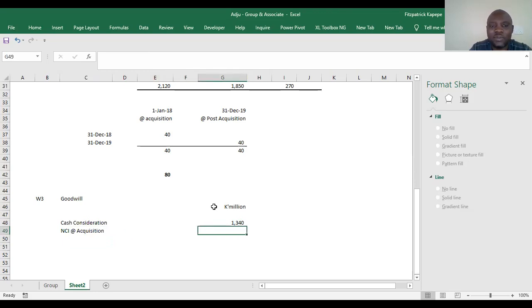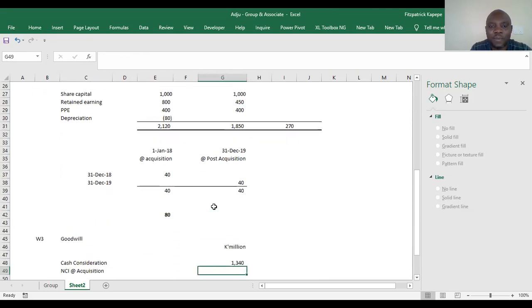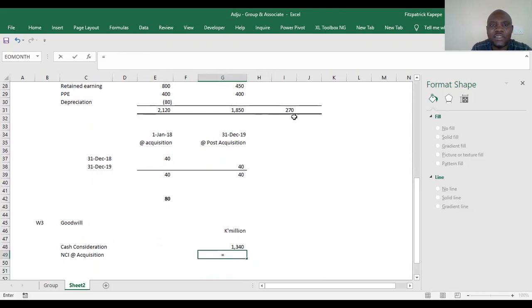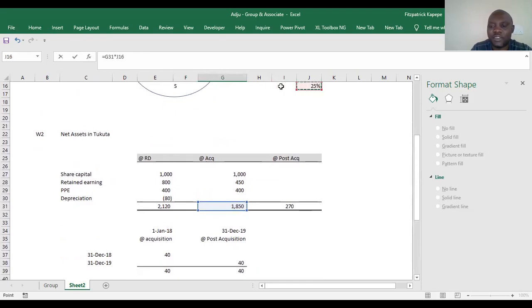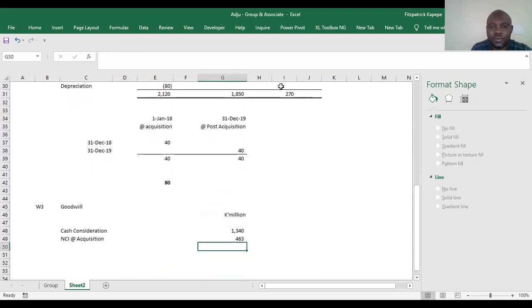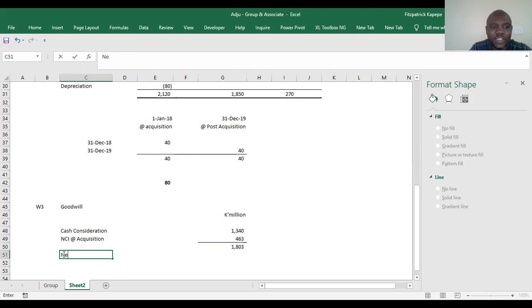So at acquisition, we know that we have a 25% up there. It is your total identifiable net assets times the 25%. So from there, you come to the net assets.